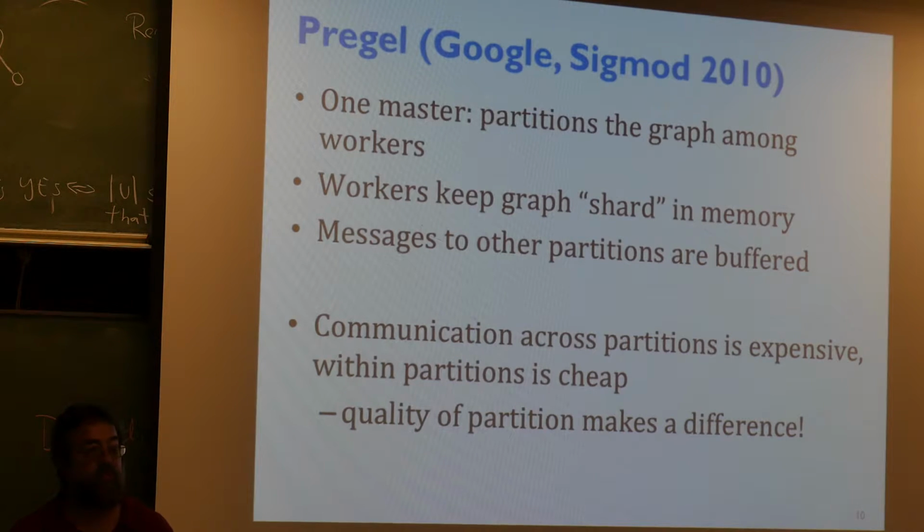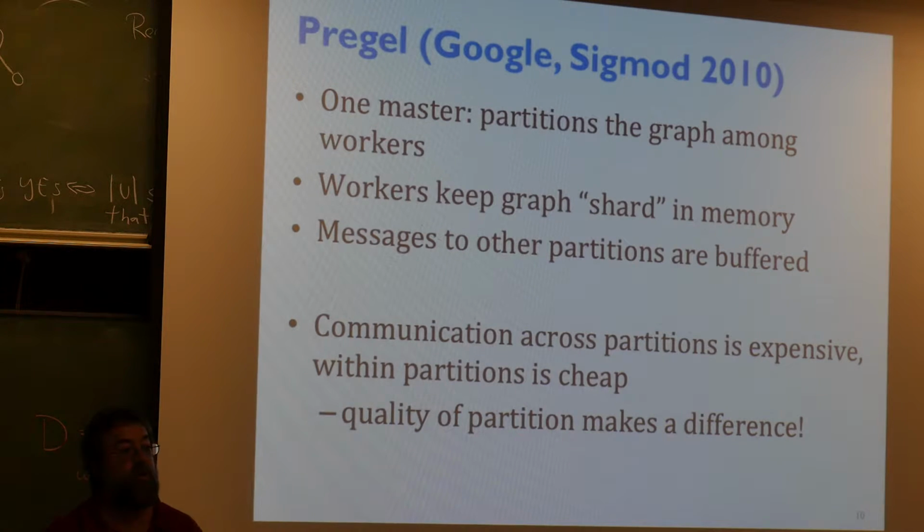There's basically one program which takes the graph and partitions it among workers. So every worker gets a certain set of nodes, and the edges between those nodes, okay? If you're sending messages between two nodes in the same worker, then it's very fast. It's basically just a single compute machine, right? So you're sending the messages in one memory space.